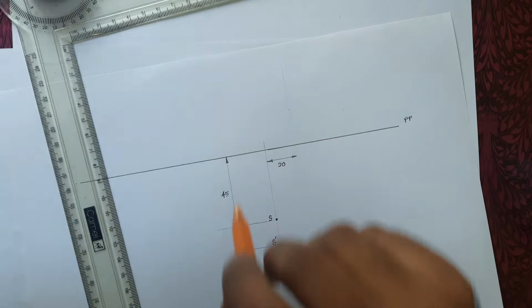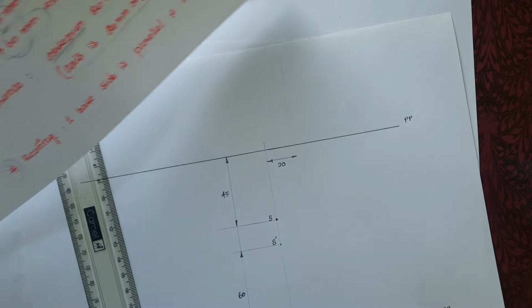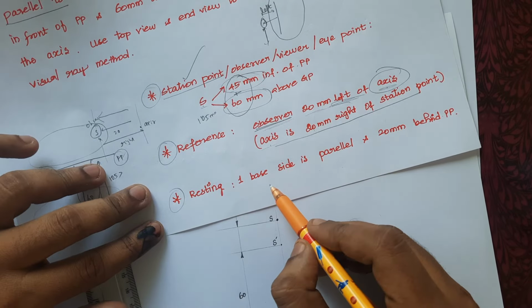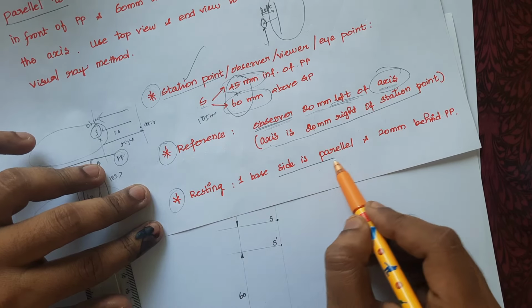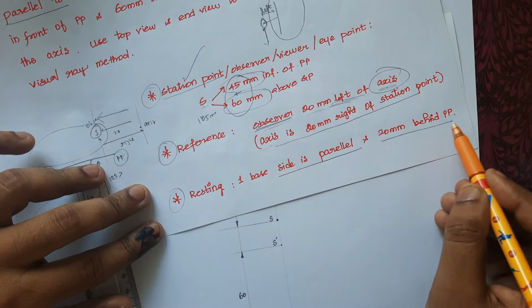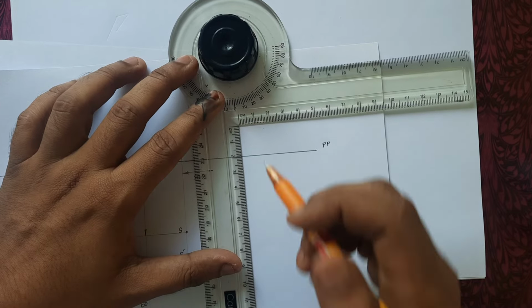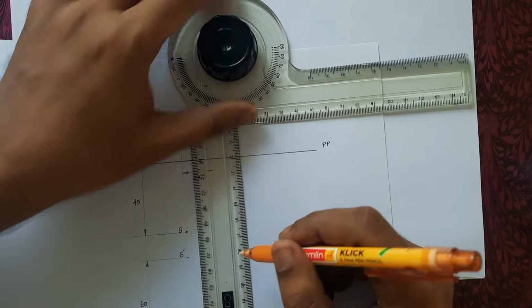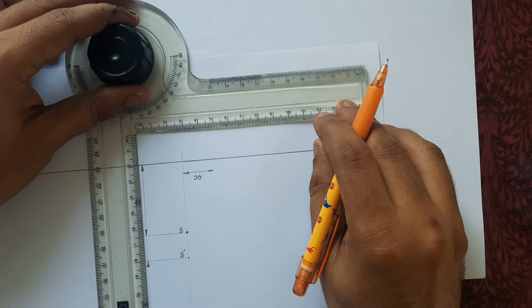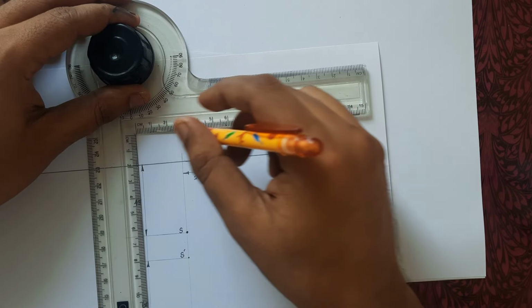And after that, before marking the axis point, we have to check the resting condition. What about the resting condition? One of the sides is parallel and 20 mm behind it. So we need to draw a horizontal line 20 mm behind PP. Along the horizontal line only, the pentagonal edge will be there.